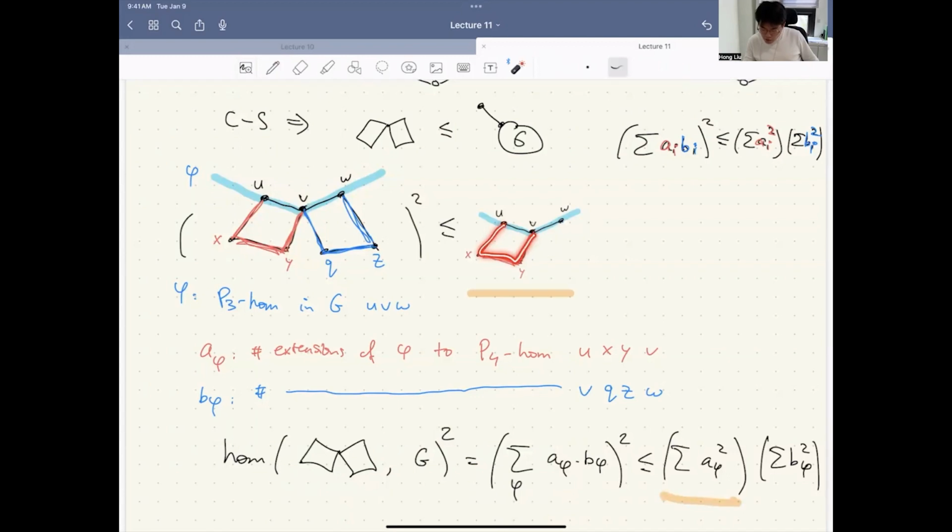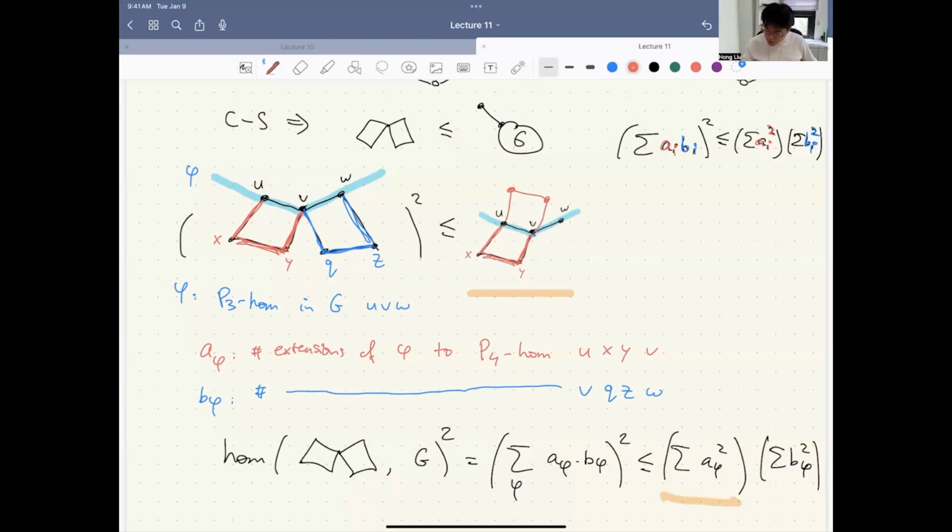So we need to do one choice and another choice. That's A phi squared, right? So you need to find another one. This is A phi squared.